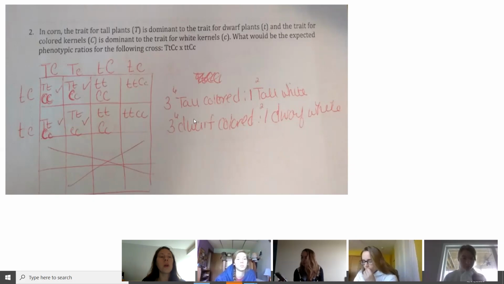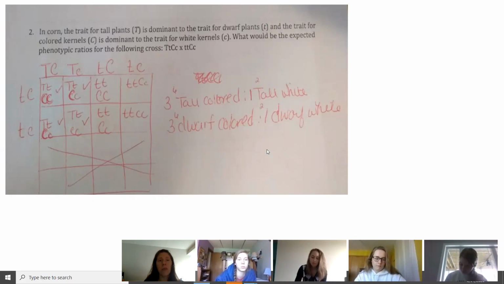So if you just worked out monohybrid Punnett squares with just the parents and did the T's separate from the C's, you would still have to combine those ratios to figure out how many different combinations can you get and what are the chances of getting them. So in this case, because of what they're asking for and because it's just a dihybrid, I really would encourage you to actually do the dihybrid Punnett square, so that actually in this case will make it a little bit easier.